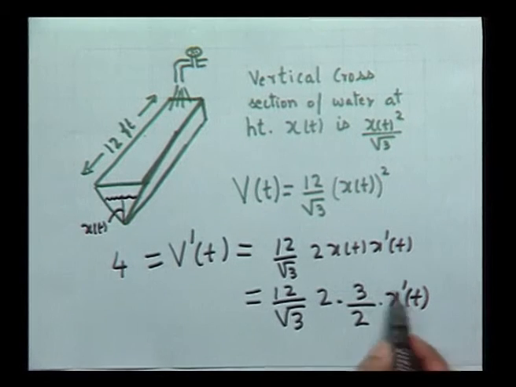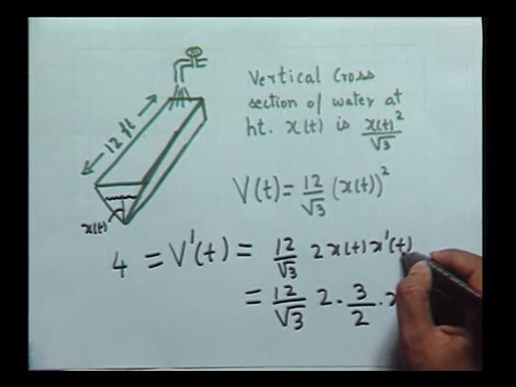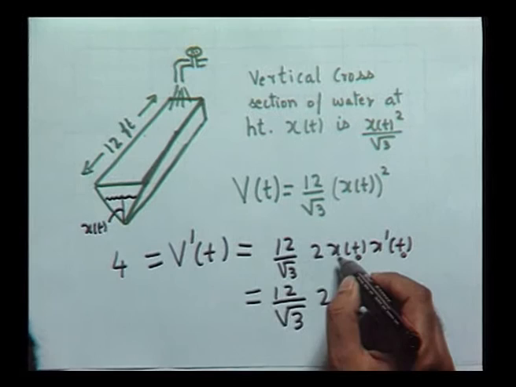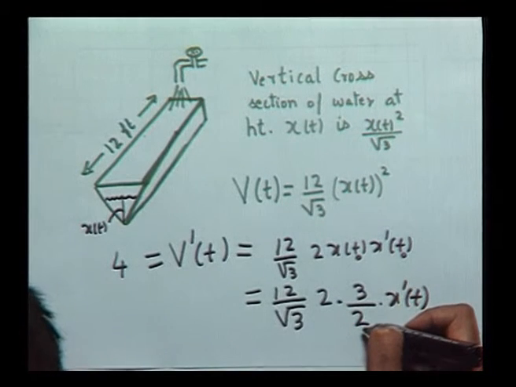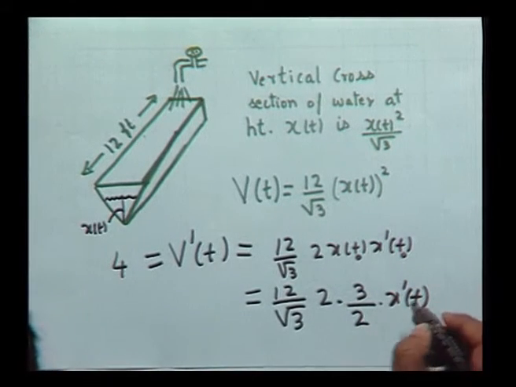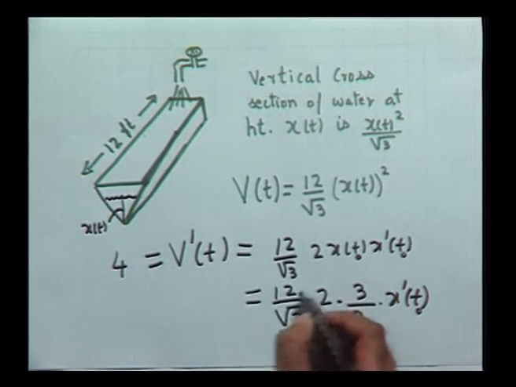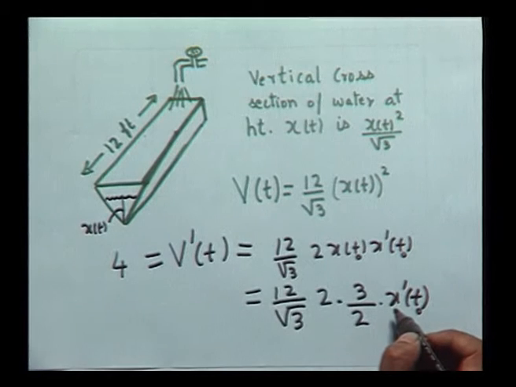You can surely solve this equation and find out that if t naught, for instance, was the instant of time when x(t naught) was 3 by 2, then x prime t naught can be easily evaluated from here. Just take this to the left hand side by inverting it, and you'll find x prime t naught, and that gives you the rate at which the water level is rising when the water has reached a depth of 1.5 feet.